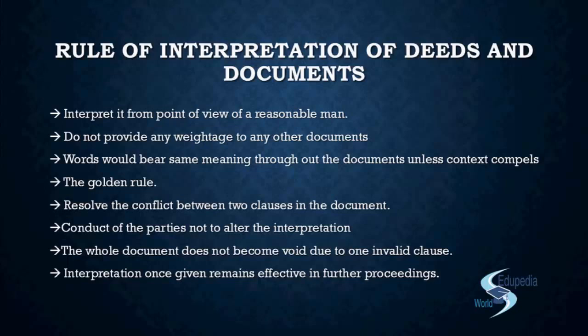You apply harmonious construction. Then conduct of the parties not to alter the interpretation if the words are clear, right? The whole document does not become void due to one invalid clause, or more invalid clauses as well, unless and until they are integral. And the last point, interpretation once given remains effective in future proceedings.